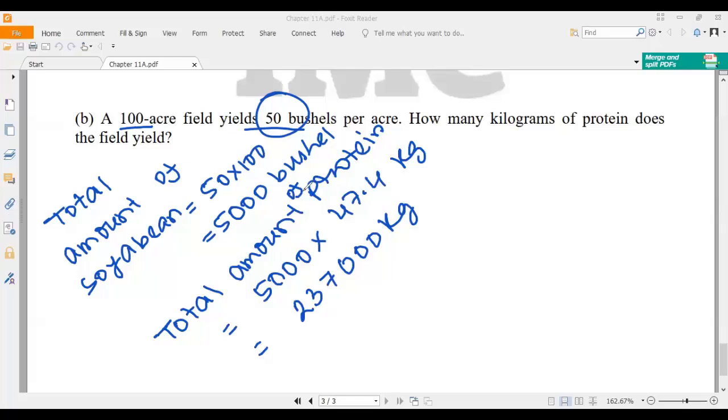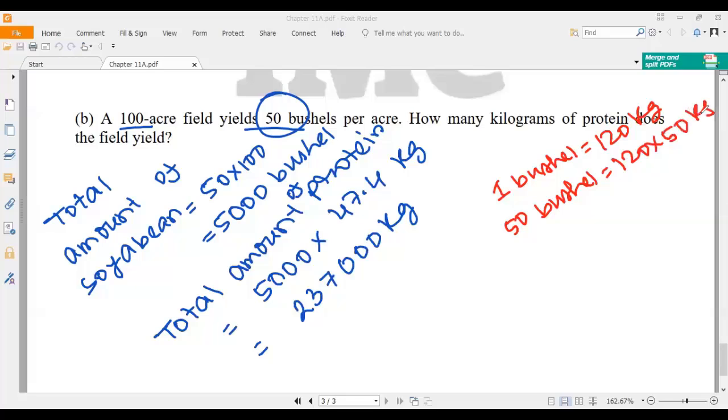In the second method, we can say that the 100-acre field gives 50 bushels per acre. Okay. So here, one bushel represents 120 kg. Fine. So 50 bushels represent 120 multiplied by 50 kg, from 1 acre. So what will happen for 100 acres?